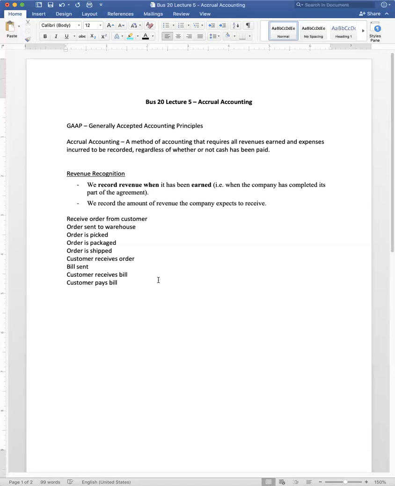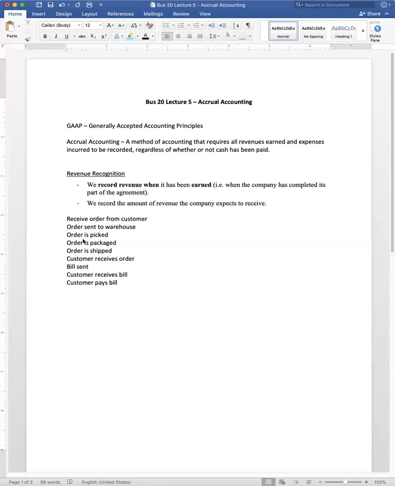So if we pick a day and we say, hey, this is the year end, we have to determine which of the orders that are in this process are revenue. So we need to know at what point is revenue earned, because every order that has reached that point is revenue, and every order before that point is not yet revenue.